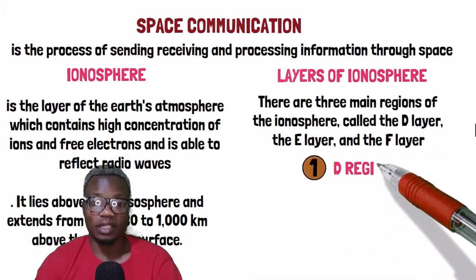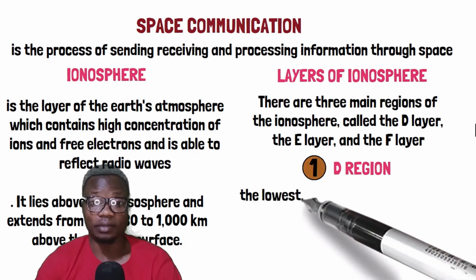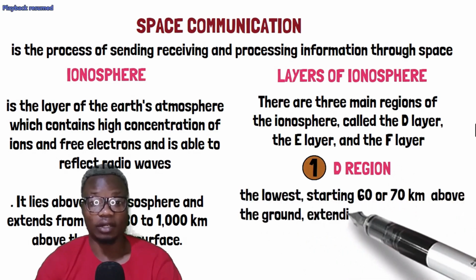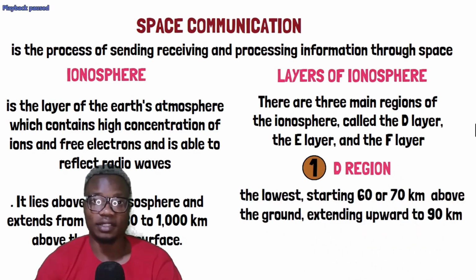Speaking about the D region or the D layer, this one is the lowest, which is found about 60 to 70 kilometers above the Earth's surface, extending about 90 kilometers upward. This region is responsible for absorbing the radio waves during the day.